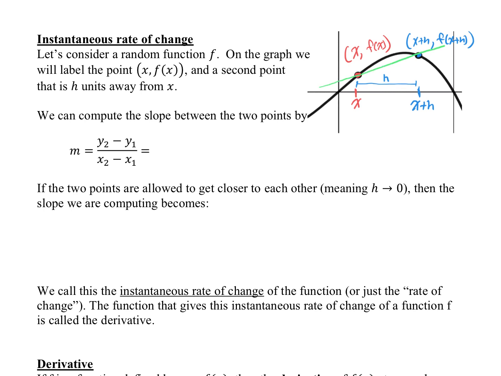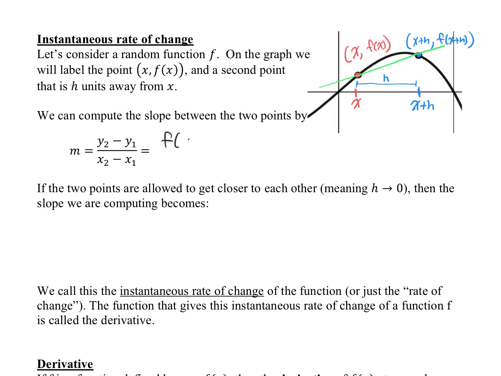Here's a line, and we could compute the slope using that same formula we've used before, y2 minus y1 over x2 minus x1. Except now that we've labeled our points in this manner, where h is the distance between the 2 points, we can use those values in place of y2, y1, x2, and x1. So it would look like this.